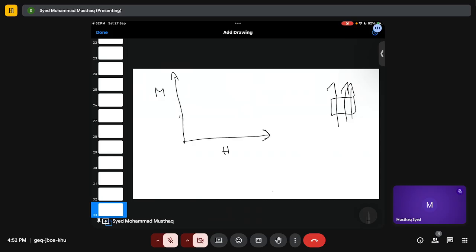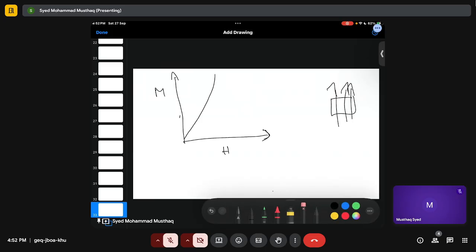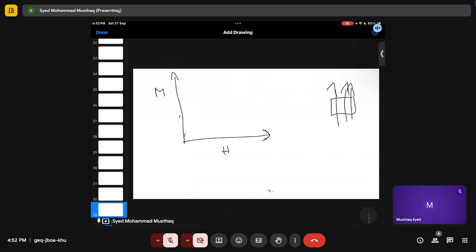You may get the result like this. It cannot linearly increase, right? So it can go like this, and if you remove the field, then it will come back like this.